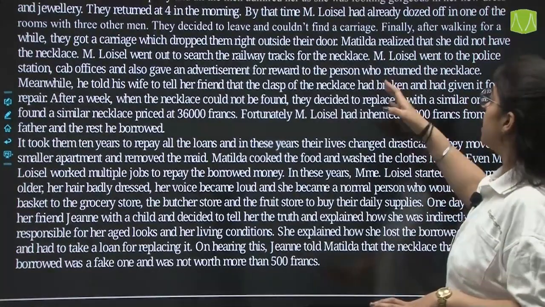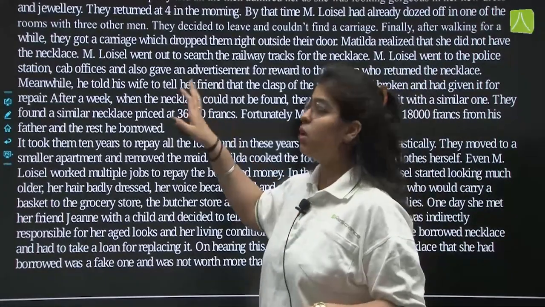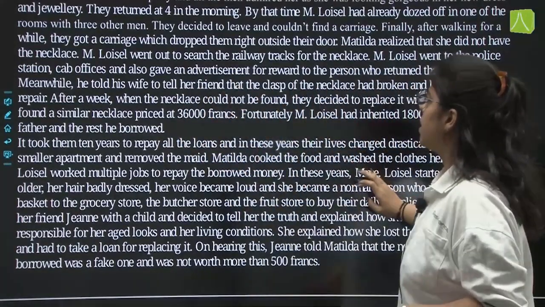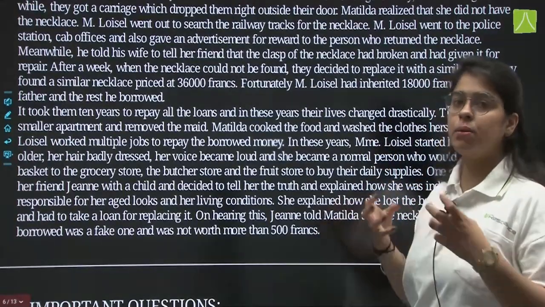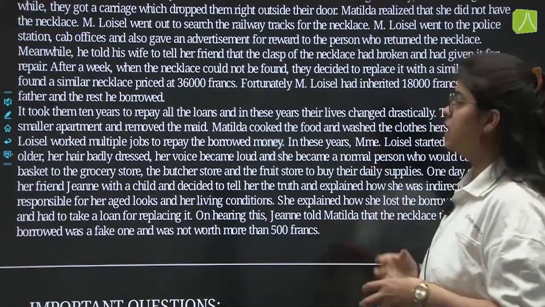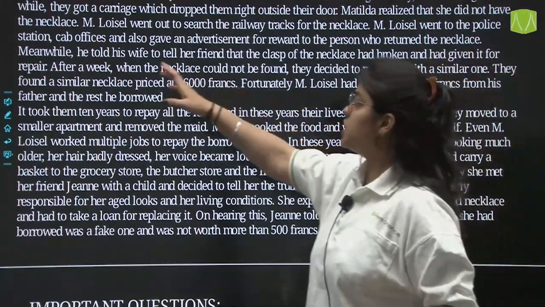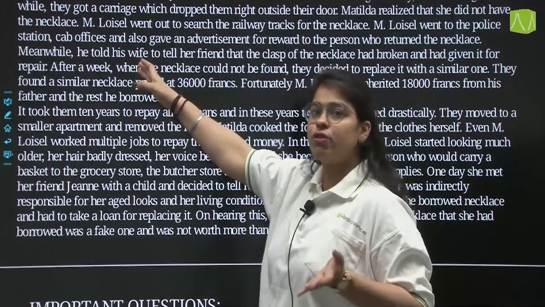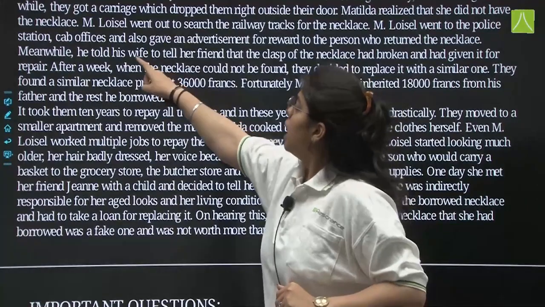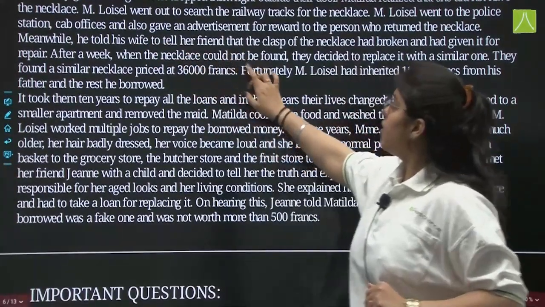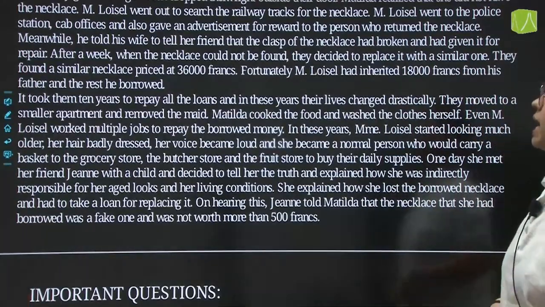Matilda realized that she did not have the necklace, and then Mr. Loisel went out to search for the necklace, at the railway tracks, wherever they went, outside the ball where they were having the party, on the roads. Then Mr. Loisel went to the police station as well, and the cab office, so that they could find the cab they hired for coming home, and also gave an advertisement offering a reward to the person who returned the necklace.